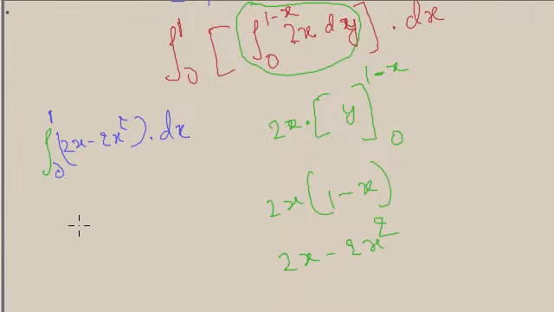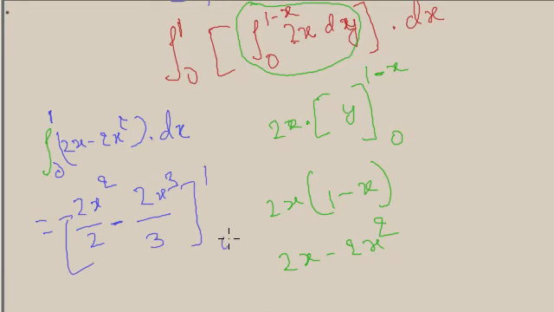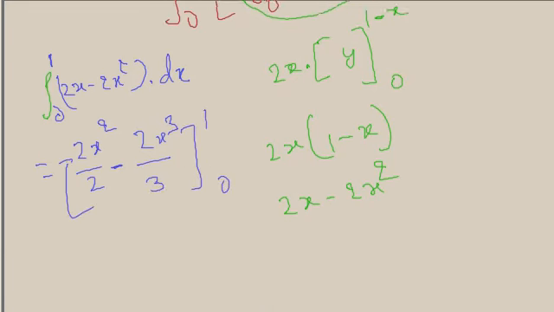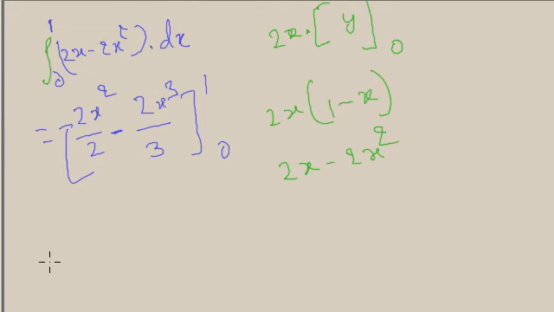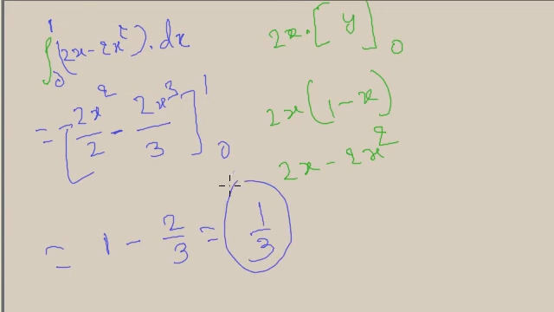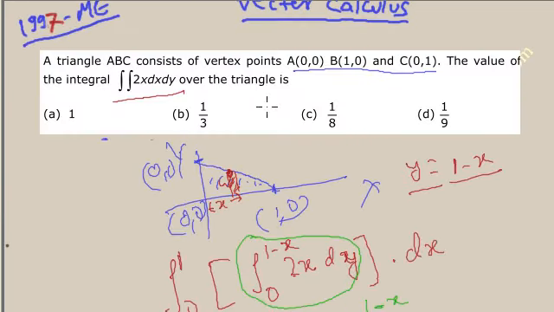If you solve this, twice x square by 2 minus twice x cube by 3, from 1 to 0. If you put 1 for x, you will get 1 minus 2 by 3, that is equal to 1 by 3. So the answer is 1 by 3.